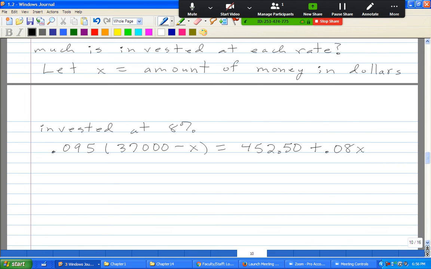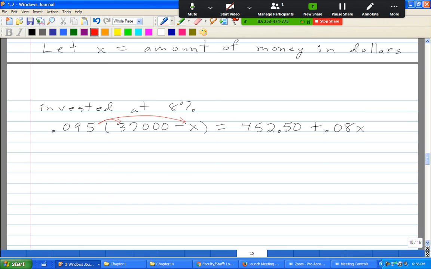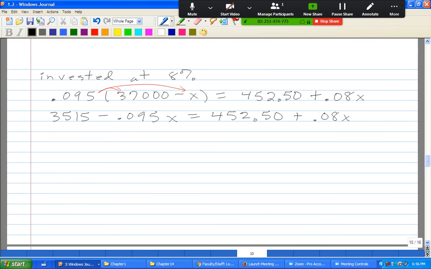Let me multiply the 0.095 inside the parentheses. And so I get 3,515 minus 0.095x is equal to 452.50 plus 0.08x. Let me subtract $452.50 from both sides, and let me add 0.095x to both sides of my equation.